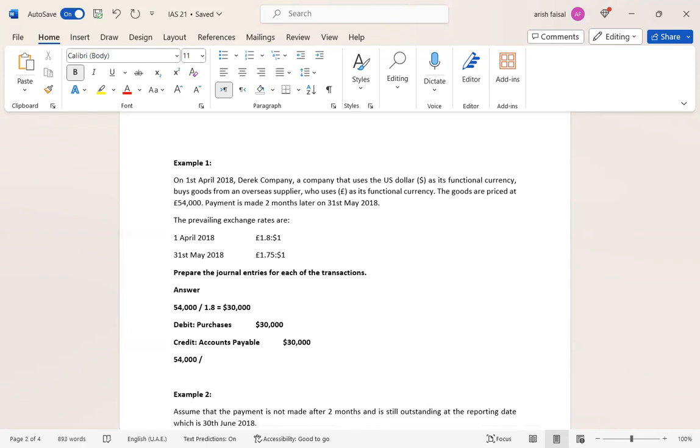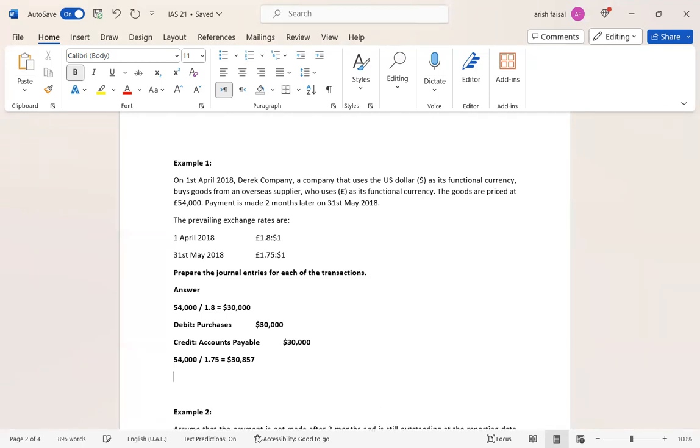If I convert it into dollars, it will be 54,000 divided by 1.75. So it will be 30,857. So basically, Derek has to pay more than what was initially recorded in the books at the time of purchasing, right? Now you have already recorded the payables at 30K.